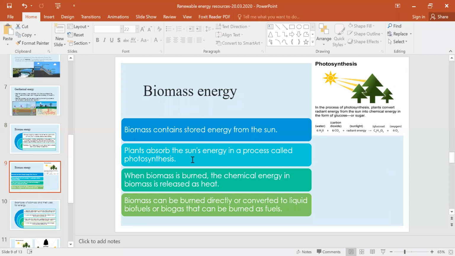And when the biomass or the plant itself is burned, the chemical energy in the biomass is released or converted into heat, okay? And we form those biofuels, not fossil fuels anymore, but biofuels, which leads us to clean energy, which does not emit harmful gases.